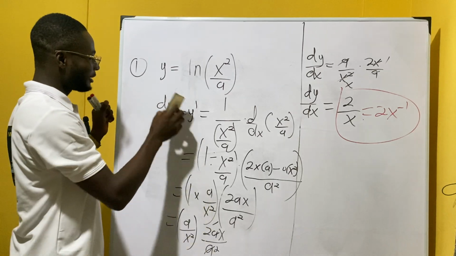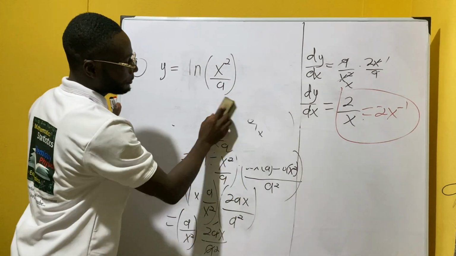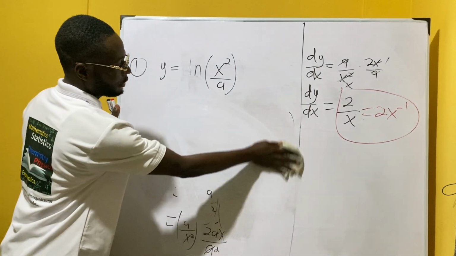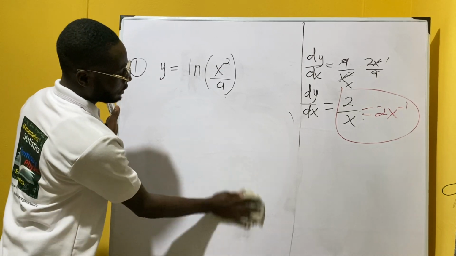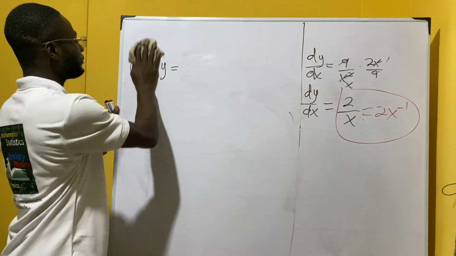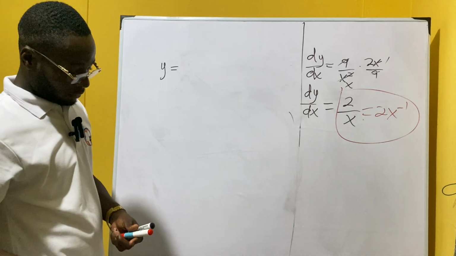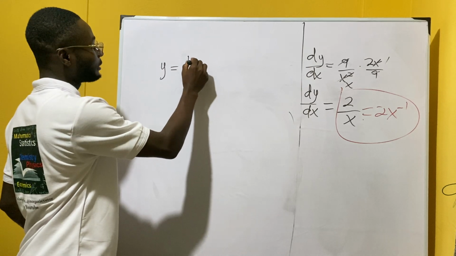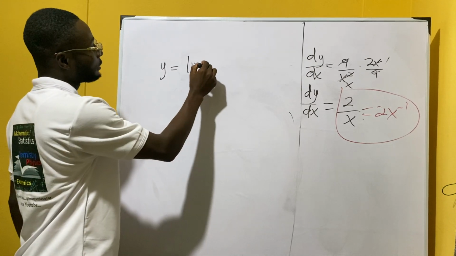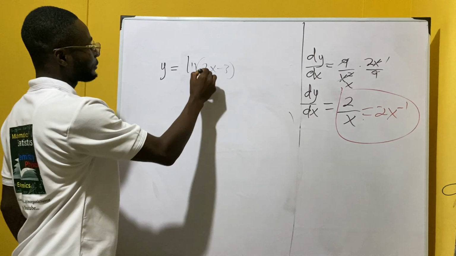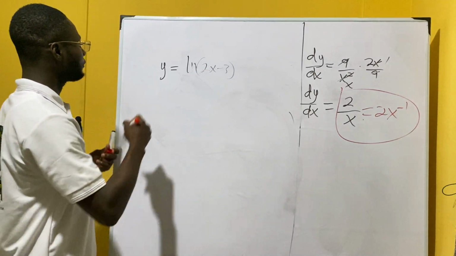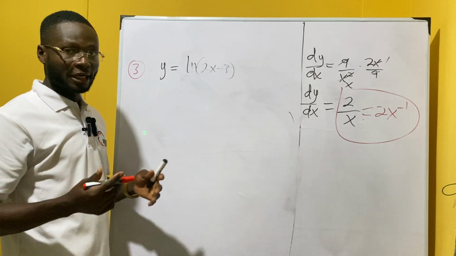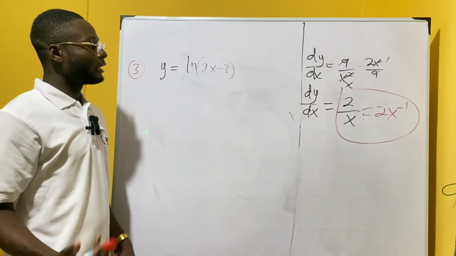So let's look at our third problem. Our third problem is ln of 2x minus 3. So we are going to use the same ideas that we used for the previous works.